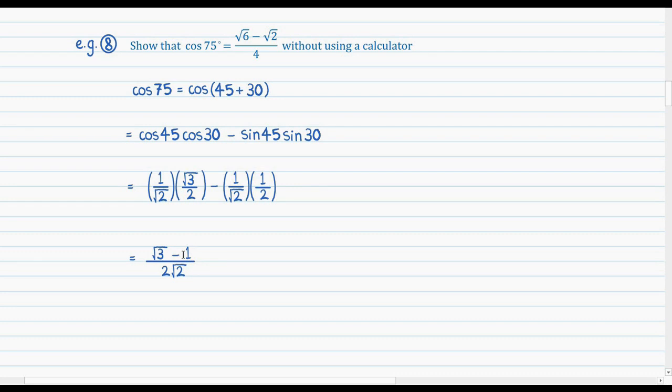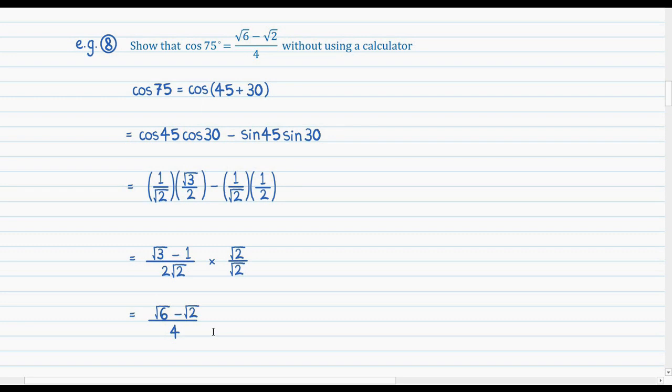Since we need to transform a 1 to a root 2, we can do that simply by multiplying it by root 2. Therefore, if we multiply this whole fraction by root 2 over root 2, we should be able to get the required fraction from the question, where indeed root 2 times root 3 would be root 6, and root 2 times 1 would be root 2, then 2 root 2 times root 2 would be 2 times root 2 squared, which is just 2 times 2 or 4, finally giving root 6 minus root 2 over 4, as required by the question.